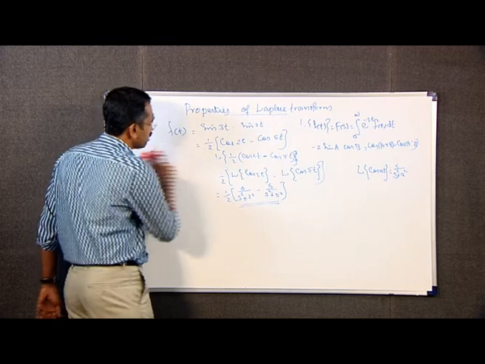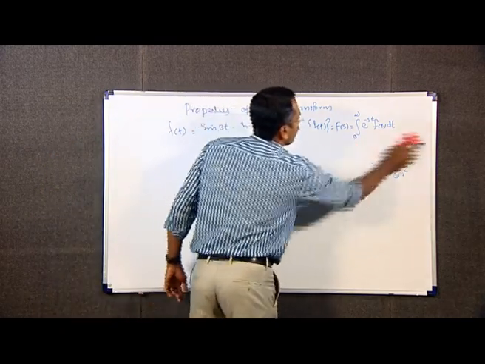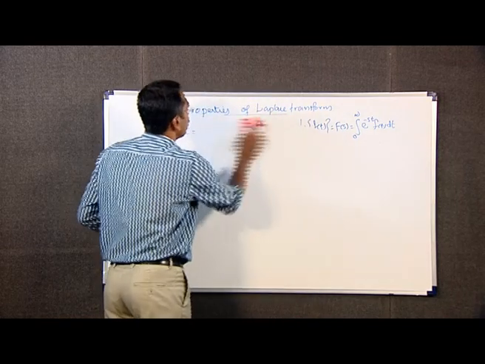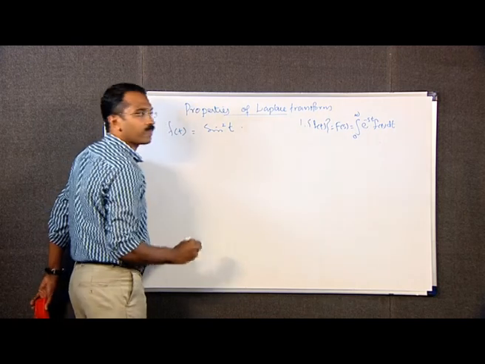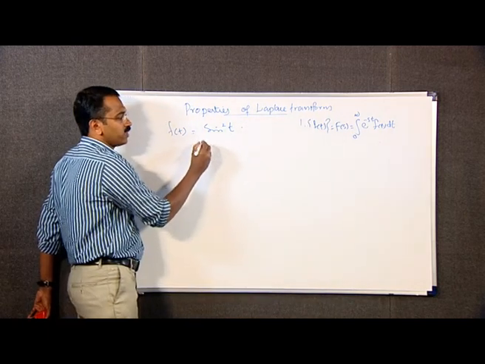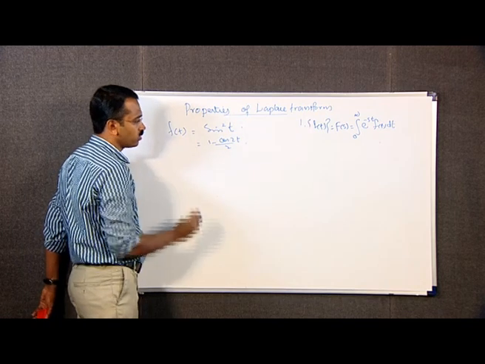Now consider this function f of t equal to sin square t. We have sin square t is equal to 1 minus cos 2t all divided by 2.